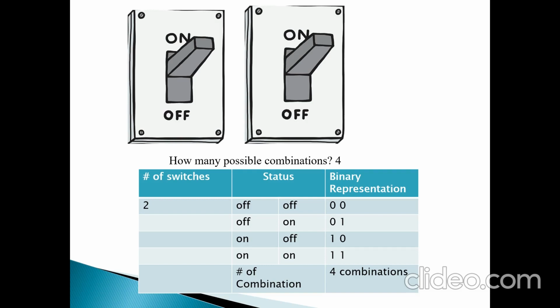The third combination will be, you turn on the second switch and turn off the first switch, so it will give you a binary representation of 1 0. Now, if you turn on all the lights, it is 1 1, so each switch that is turned on automatically gives you a state of 1 for the binary representation. Therefore, you can come up with the four possible combinations. That is how you come up with the possible combinations using the switches.